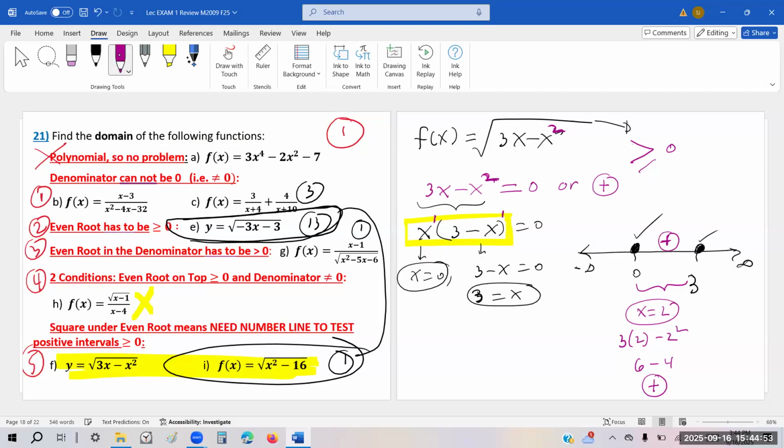So the middle interval makes the inside positive. That means what do you have on the left and on the right? Negative. We don't want negative. So the answer is exactly in the middle, from 0 to 3, including them, because they make 0, which is allowed.